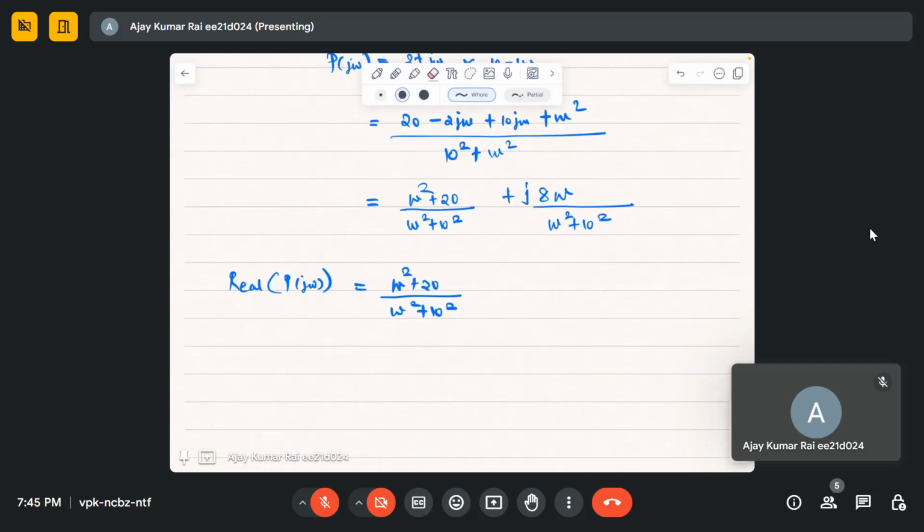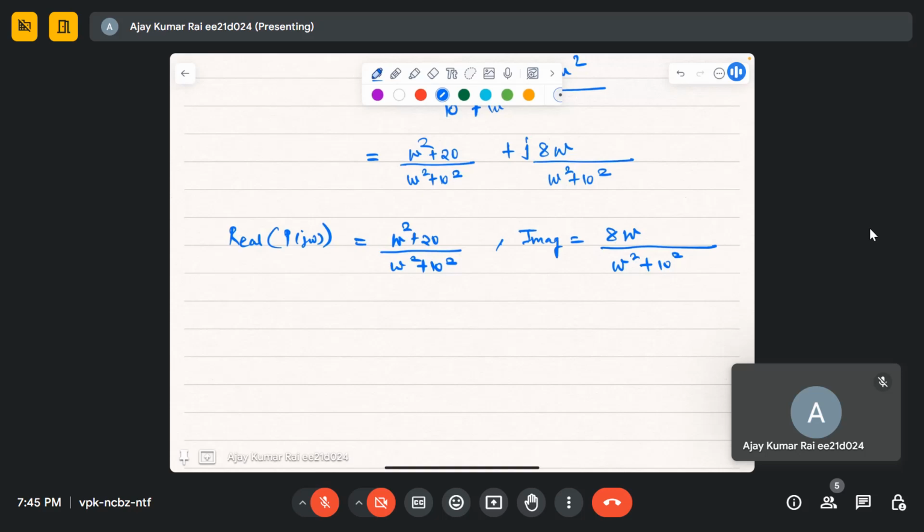So here also the real part is always positive because of omega square. Anyway, omega is positive. And what is the imaginary part? This one. It will also be positive, because omega is positive, 0 to infinity. Okay, so what is the magnitude?